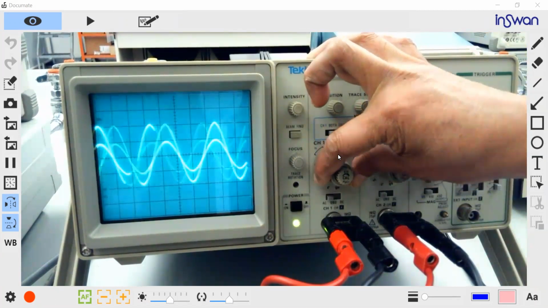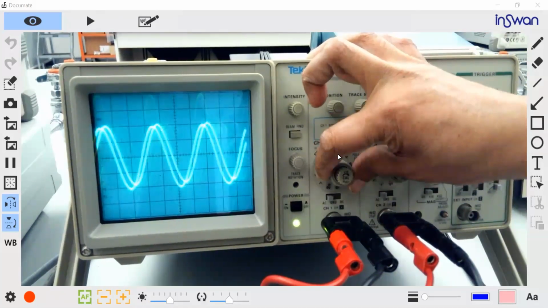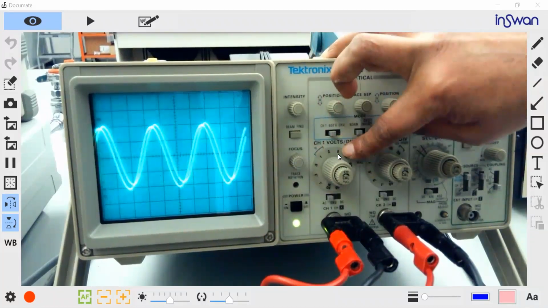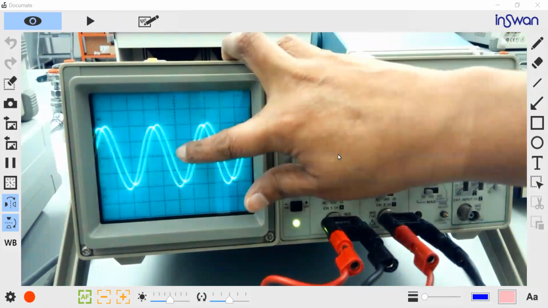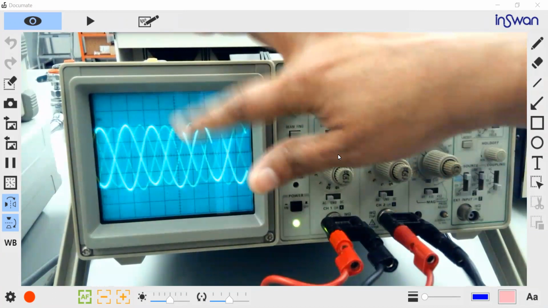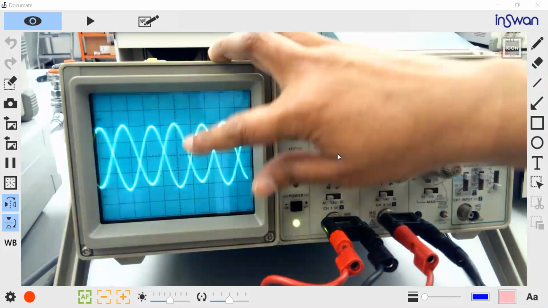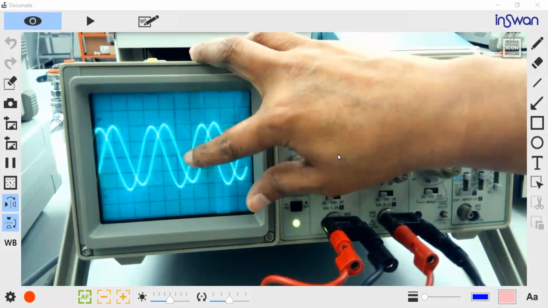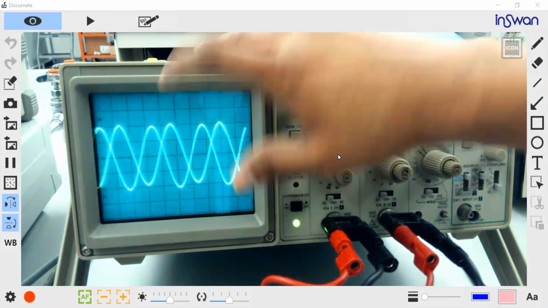According to that, you have the volts per division label. Whichever division you read here, you multiply by 1 to get exactly the number of divisions. Those are the main divisions, and each division is also divided into 5 smaller divisions, which you can read also.